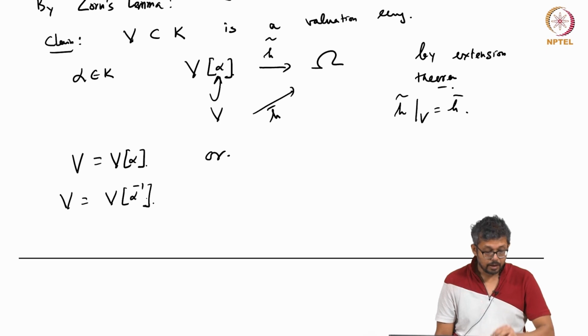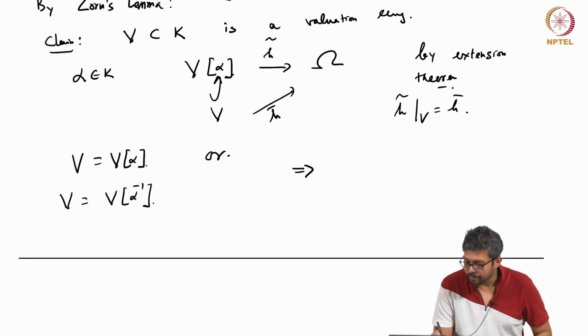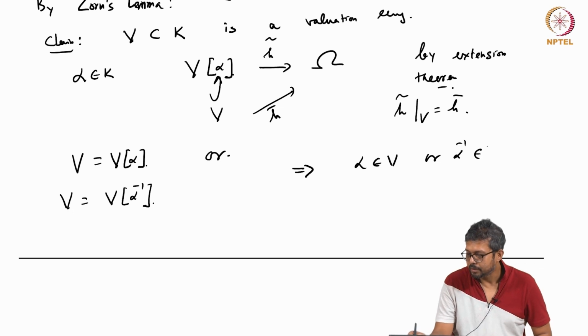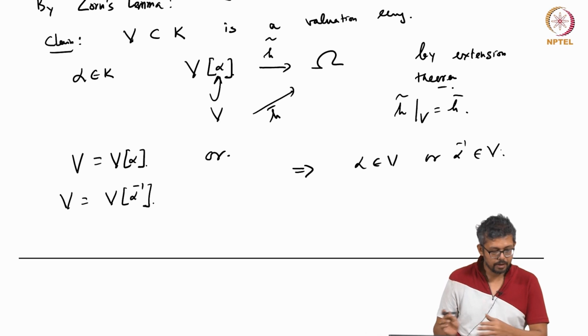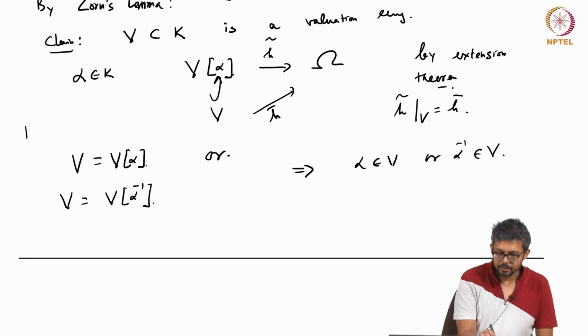Right. So, this will say that alpha belongs to V or alpha inverse belongs to V. Okay, by maximality.